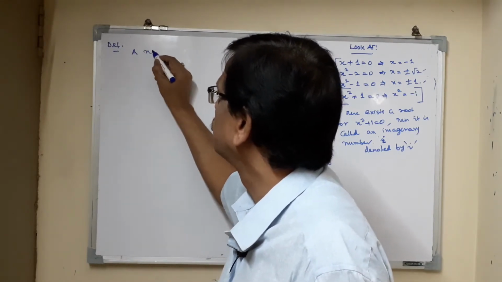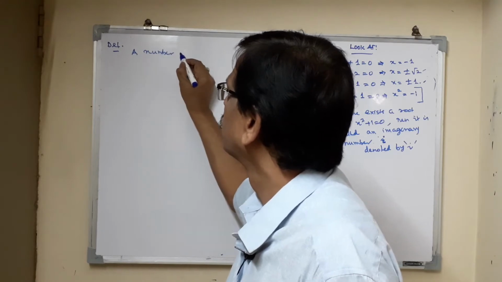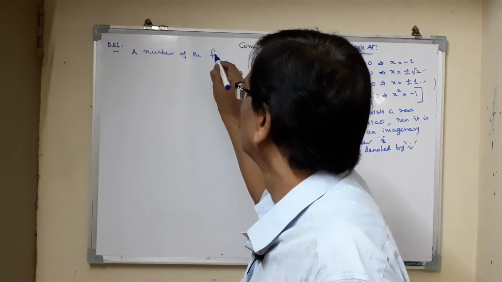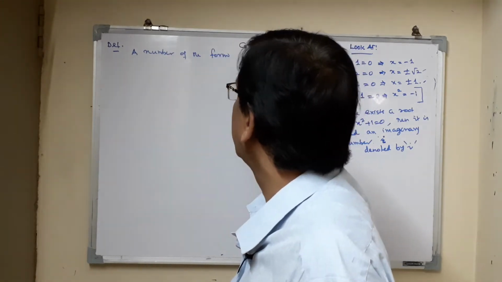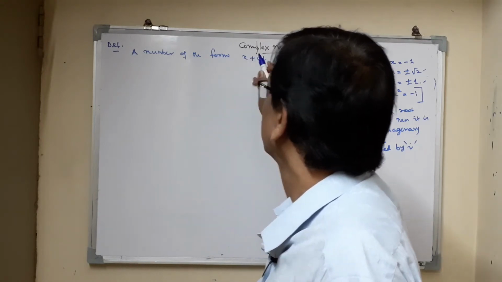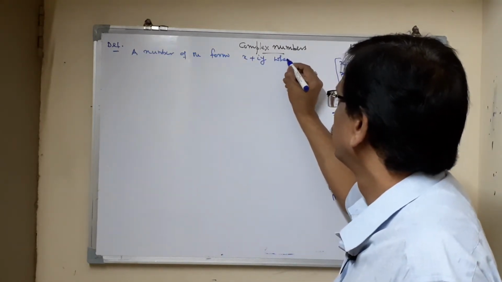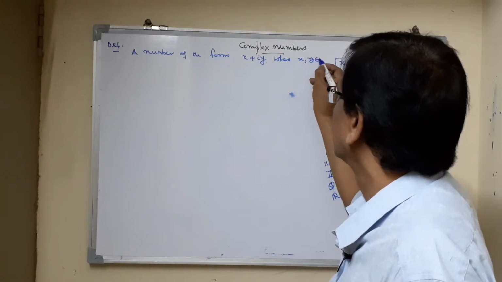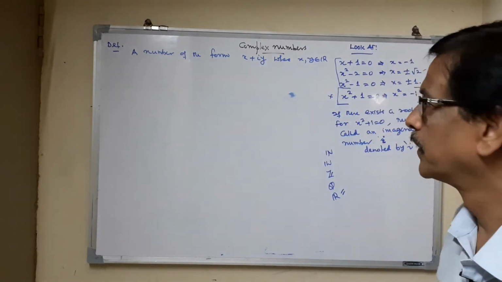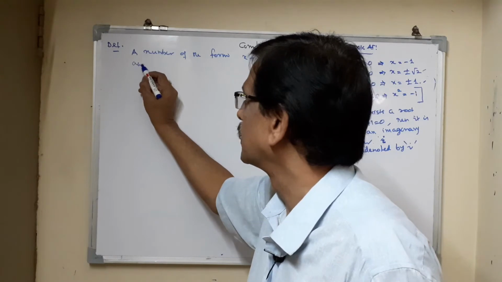A number of the form x plus iy, where x, y are real numbers and i square equal to minus 1.